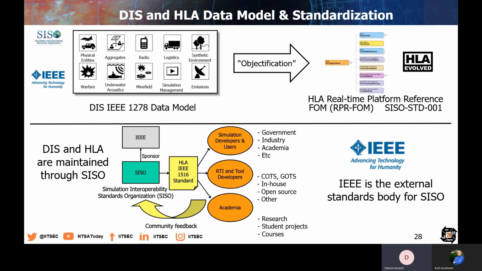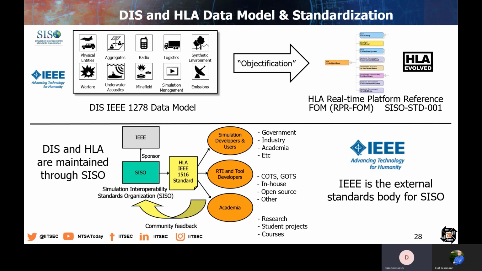DIS and HLA data models are standardized through the IEEE, that's the external standards body for the Simulation Interoperability Standards Organization, or SISO. So SISO works to develop these standards and to maintain them, and IEEE acts as the controlling body to make sure that they are kept standardized.